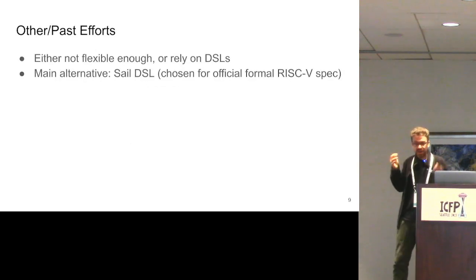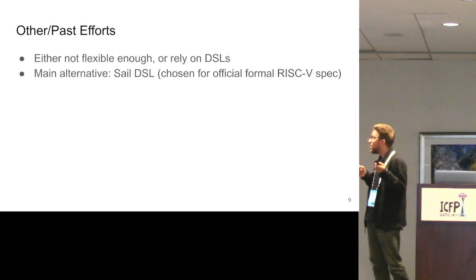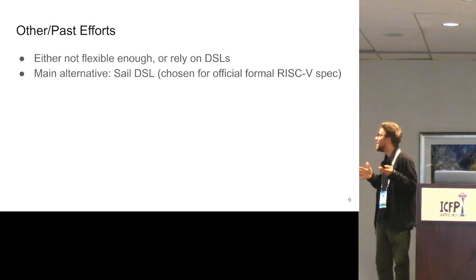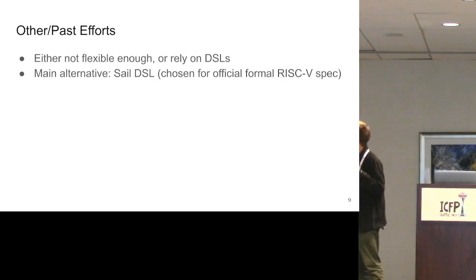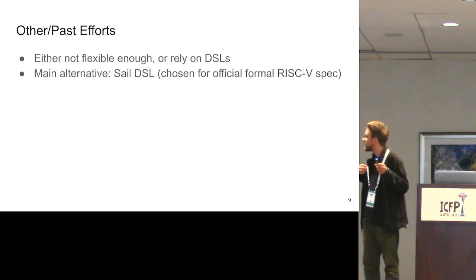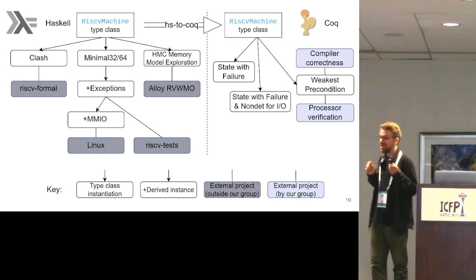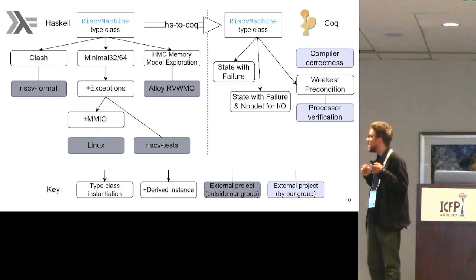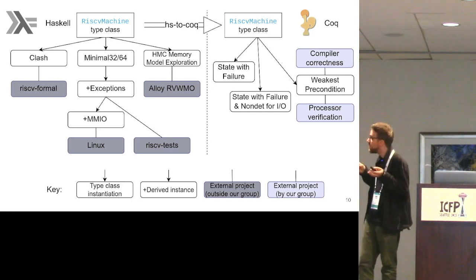Compared to other past efforts, they are either not as flexible as ours or rely on DSLs. And the main alternative that I will have to talk about, obviously, is the Sail DSL, which has been chosen as the official formal RISC-V specification. As our general-purpose functional language, we chose Haskell, and the main vehicle for getting this flexibility is a type class that we call RiscvMachine.